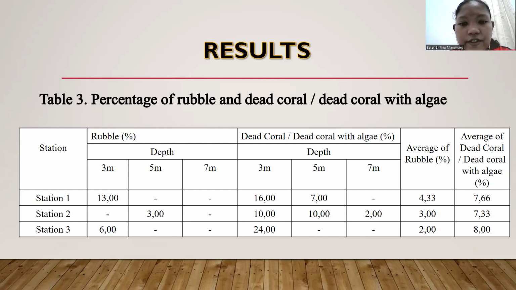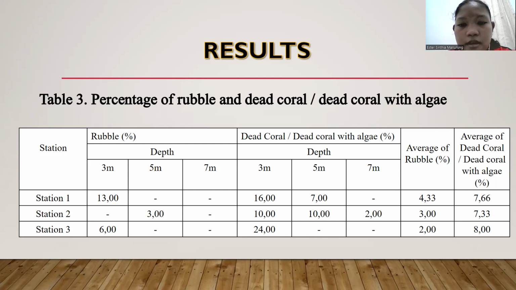Threats originating from human activity are sedimentation, eutrophication, fishing methods that are not environmentally friendly, such as using bombs or poisons, construction of bridges and ports, waste disposal, and tourism.